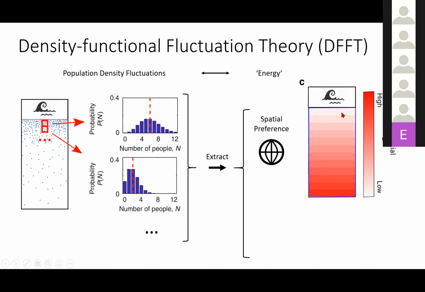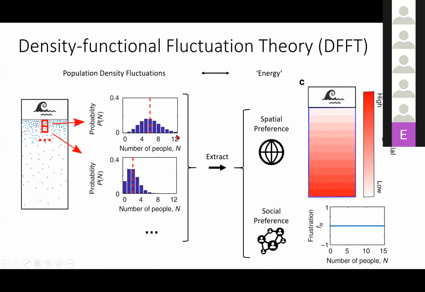A block with low potential has a higher mean number of people, which means it is spatially preferred. And by looking at the shapes of those distributions, DFFT extracts a function called frustration. This function tells us the level of frustration in the block as we put more or fewer people into the block, and it gives social preference information.